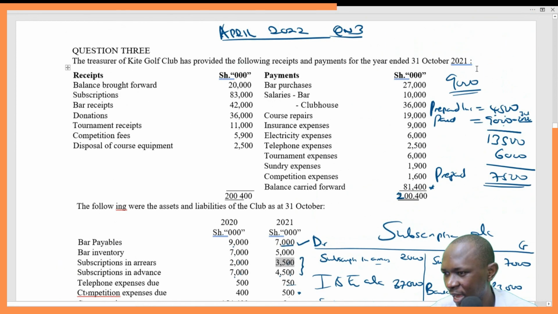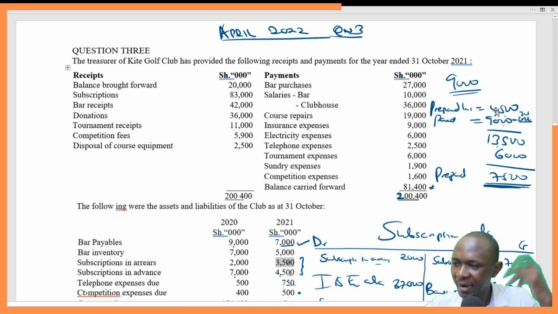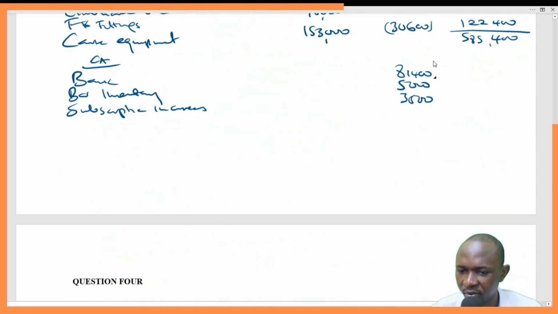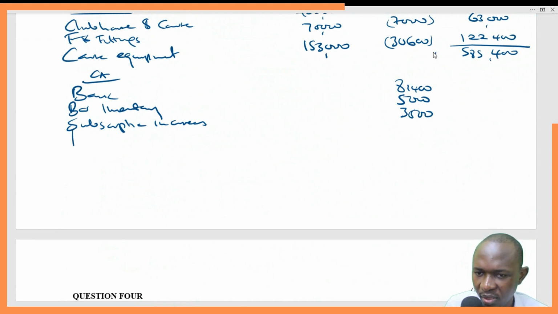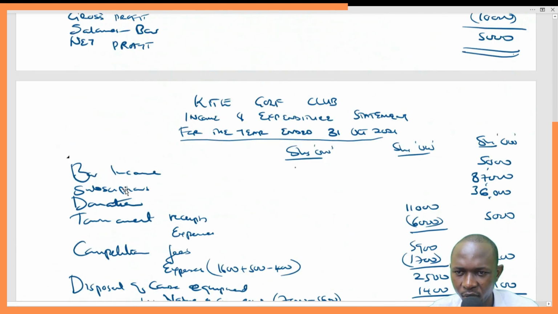There was also this prepaid insurance. Remember we got the prepaid insurance? 4,500 plus 9,000 is 13,500 minus the expense for this year 6,000. So prepaid insurance is 7,500. Then what else?